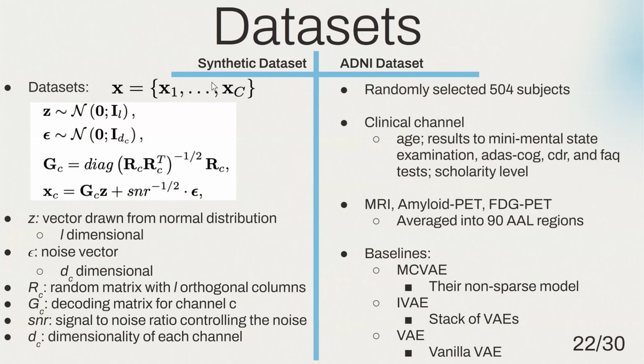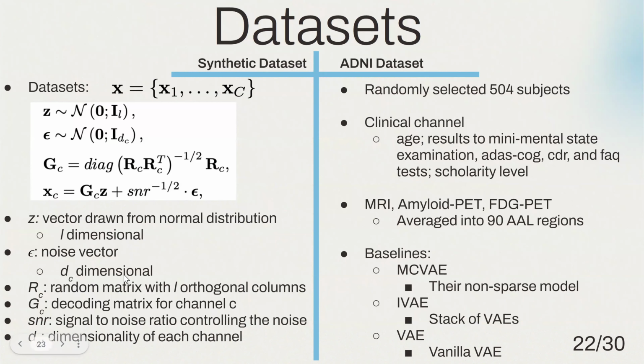So this is how they made their synthetic data set. What they do here is generate a random data point, assuming that there's some underlying decoding matrix, and there's also some underlying vector from which x is generated.